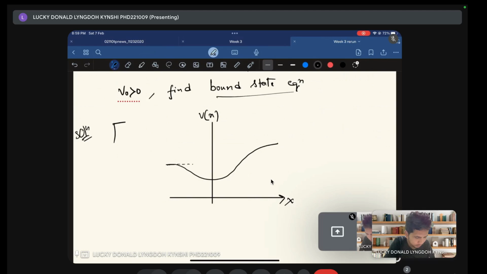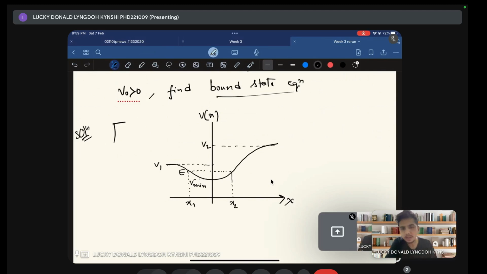This is V1 here, this one is V2, and this one is V minimum. Now suppose you have a particle of energy E which lies here. This is the energy E of the particle, this is the position x1 and this is the position x2.